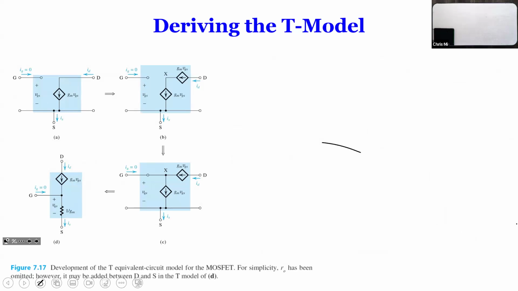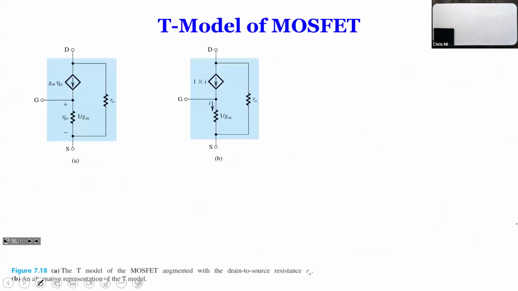So here, this is the actual process that you can follow. We already discussed that. And if you want to add the ro, well, often we do if we are given VA, the early voltage, and we would add ro, which is across drain and source.